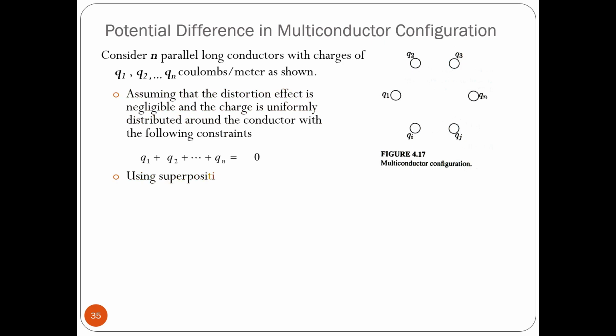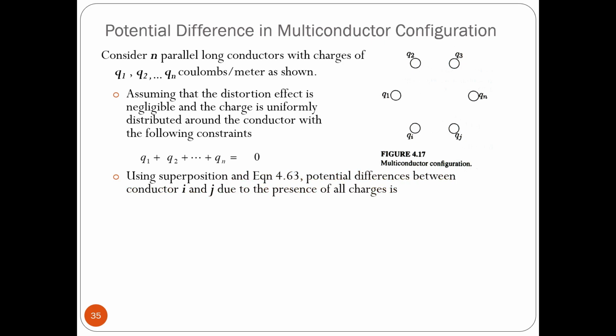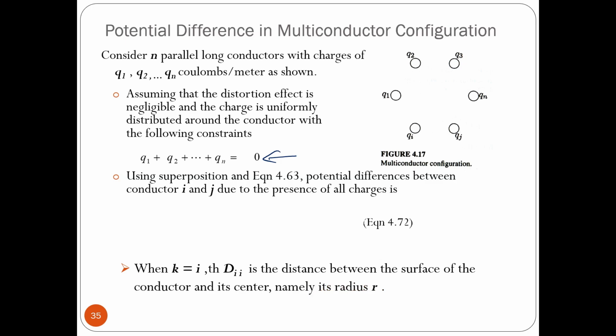Assuming there's no distortion in the charge, we assume that the total Q contribution cancels off each other, which equals 0 here. Based upon that, we try to calculate the potential difference between the conductors. We'll get equation 4.72.